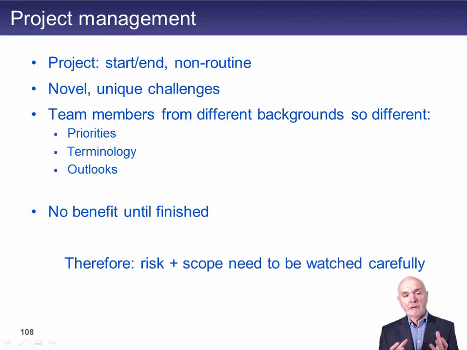So you've got the different priorities pulling in different ways, competing. Remember we talked about competing for resources being a source of conflict and potentially destructive conflict, as people almost jockey and almost use politics to get their own way. They will have different terminologies in terms of technical terms, and people maybe don't quite speak the same language, and different outlooks.